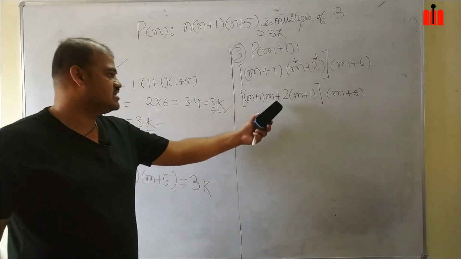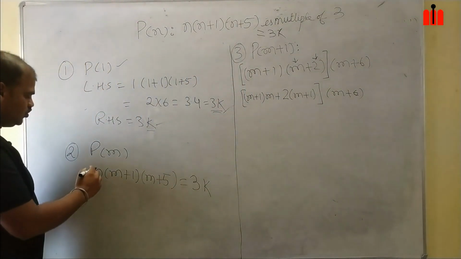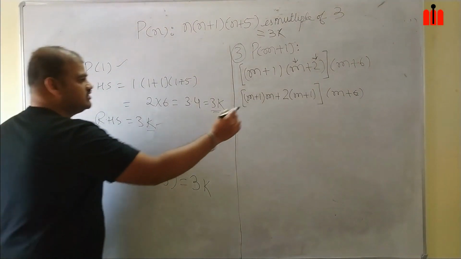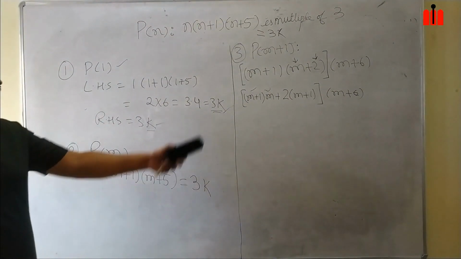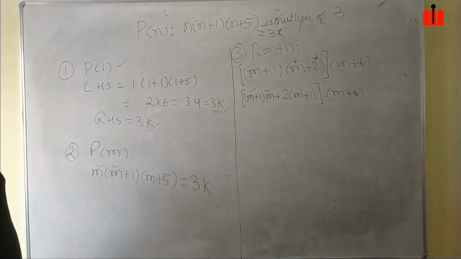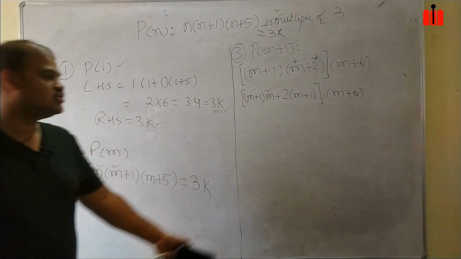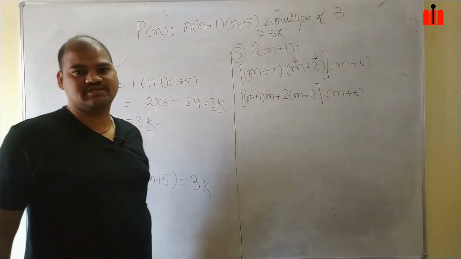With this we have arrived at two terms, which are m and m plus 1 here. Now we have to get m plus 5.